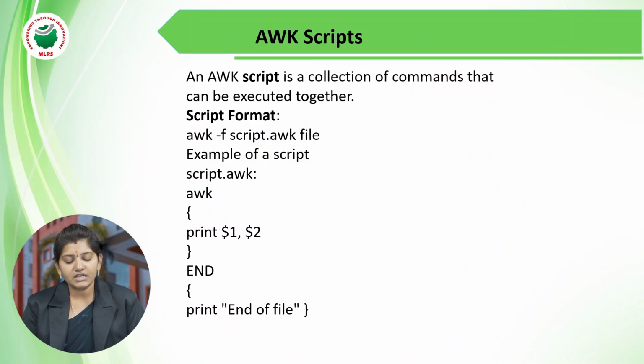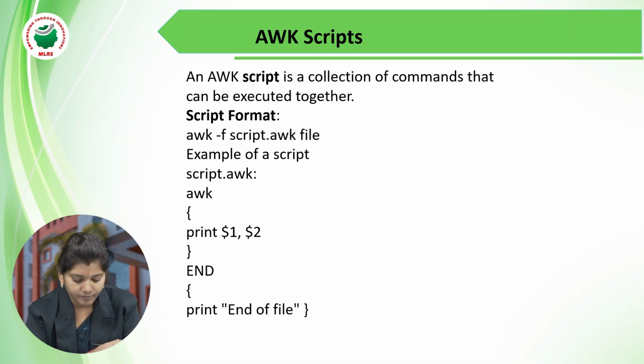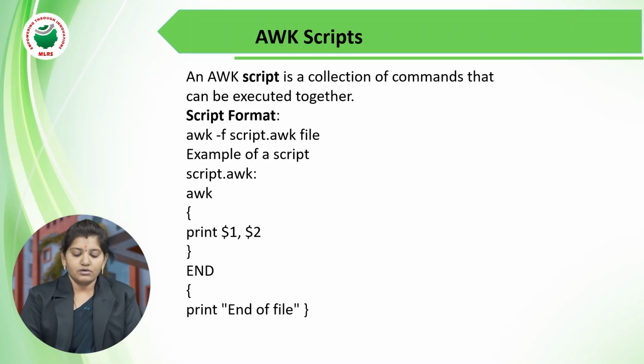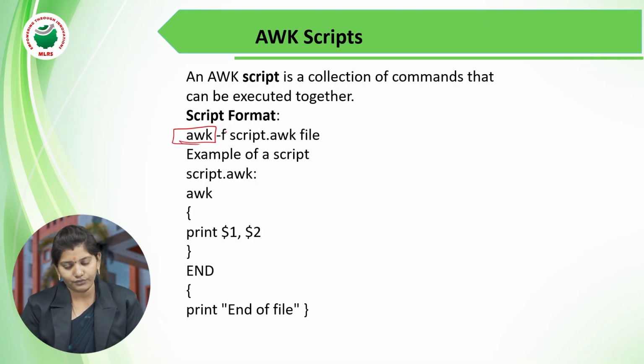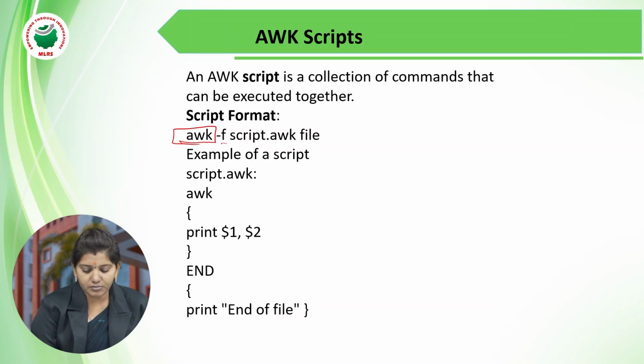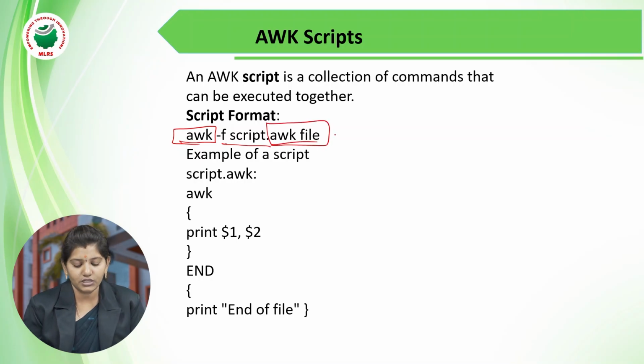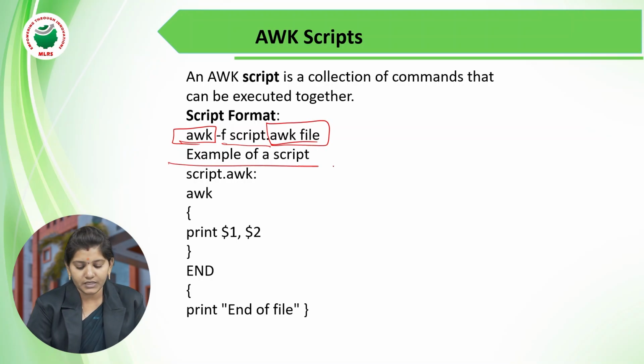And coming to AWK scripts. What is a script? A script is a collection of commands that can be executed together. Coming to the format of the script, AWK is the keyword that we already wrote, then -f script, which is the file, and it should be denoted with the .awk extension. For example, script.awk is the file name.